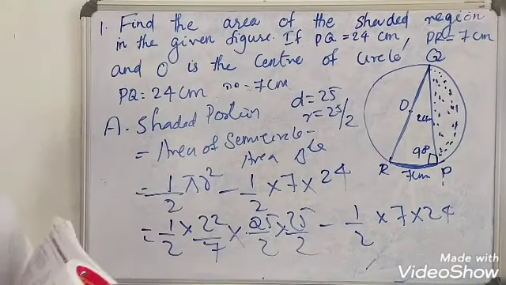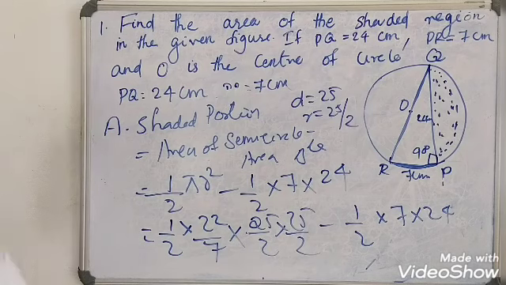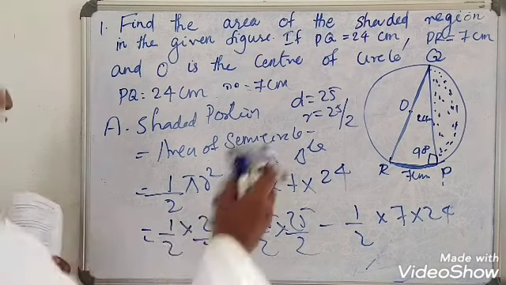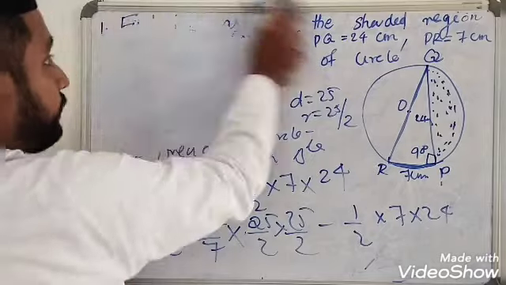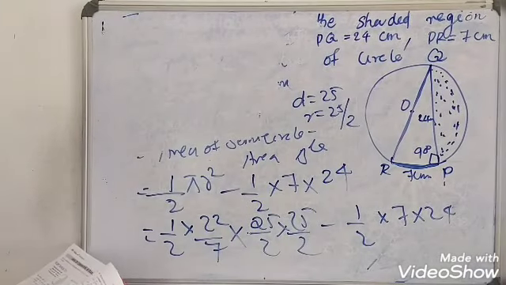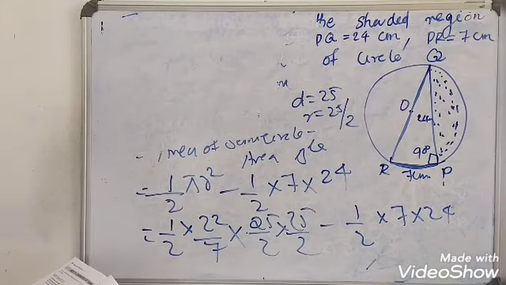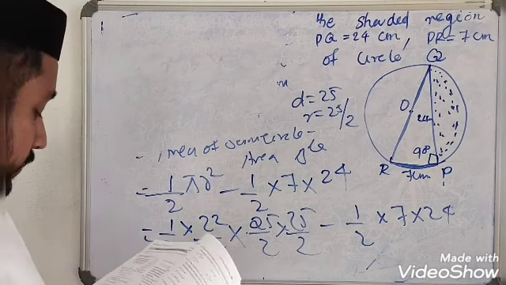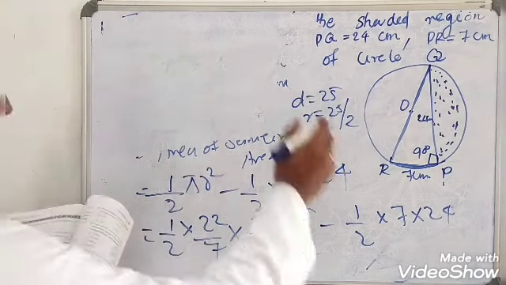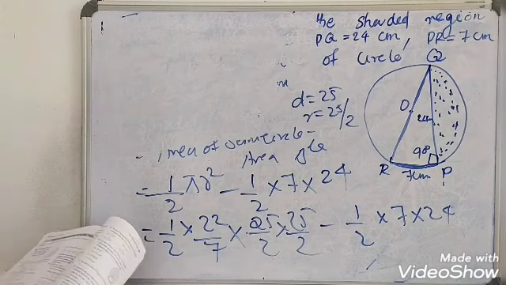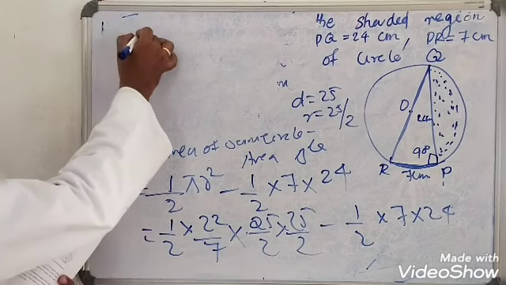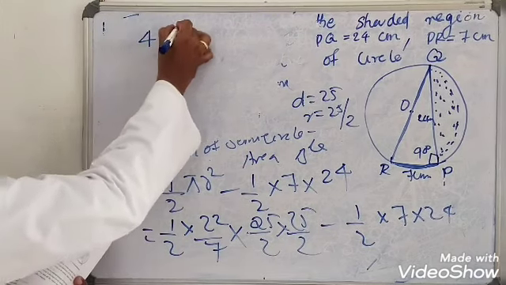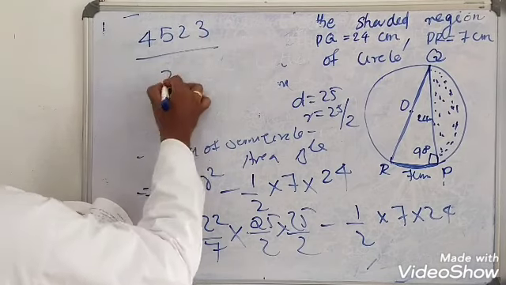So when we do the calculations and simplify, we will get 4523 by 28.